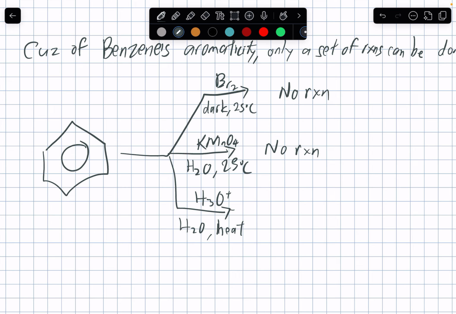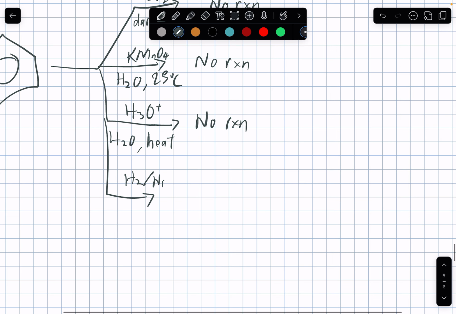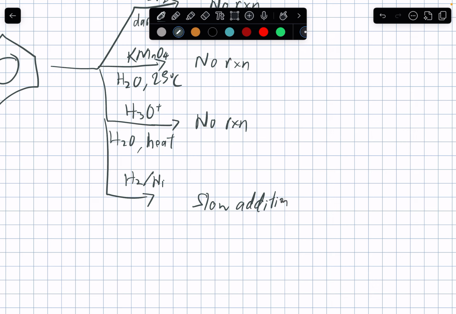If you involve ozone, usually the attempt is to perform hydration, no? But there is still no reaction. What if we add H2 and nickel? So there is a slow addition, under the condition that temperature is high, and so is pressure.